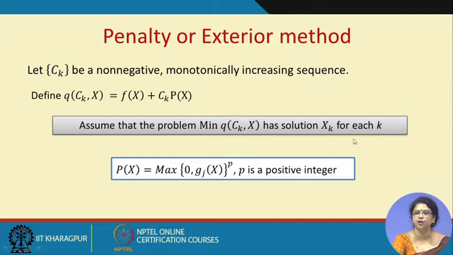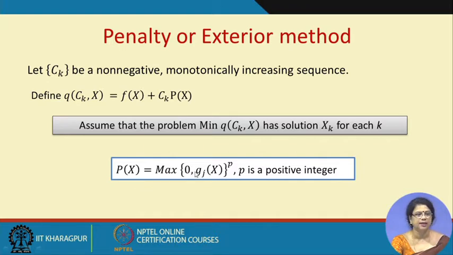If this is the case, then the problem will be minimization of q, where xk is the optimal solution for each k, and where the penalty function can be considered in this way, p is a positive integer. In this case, if we consider the penalty function this way, the value of the penalty function will always be positive and p(x) is continuous.